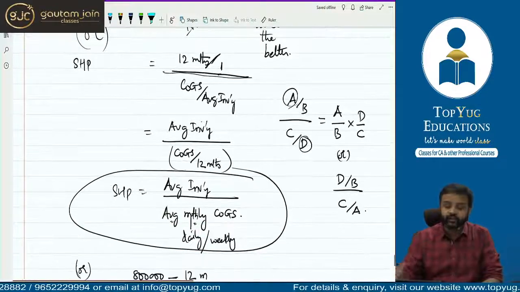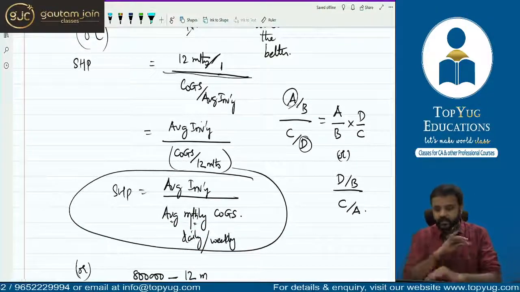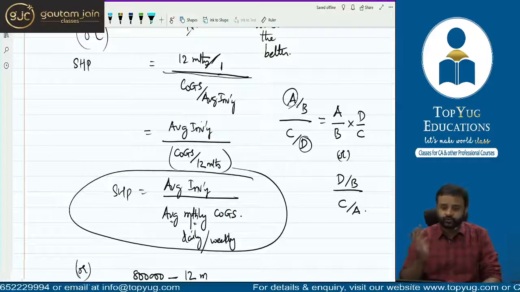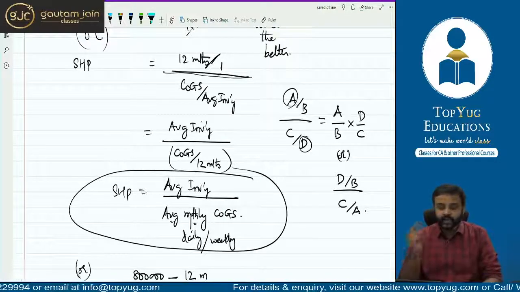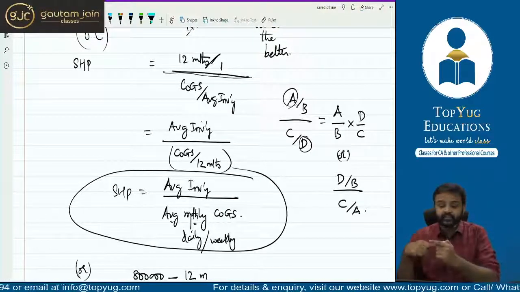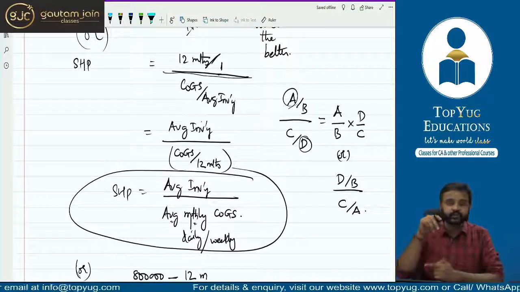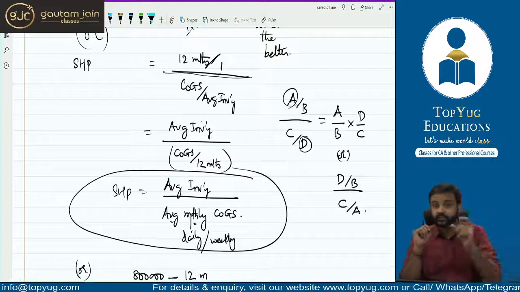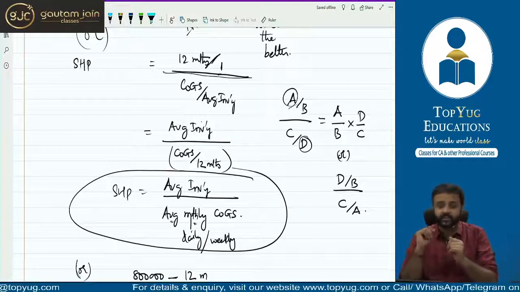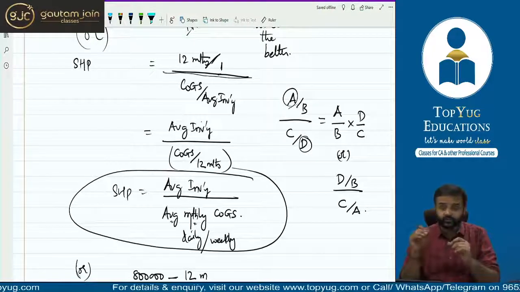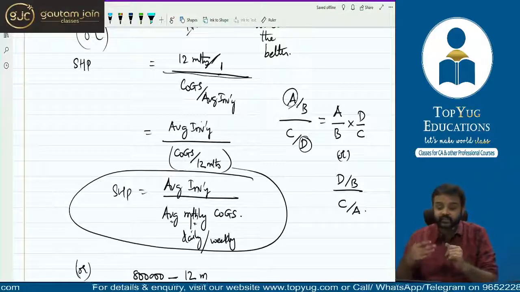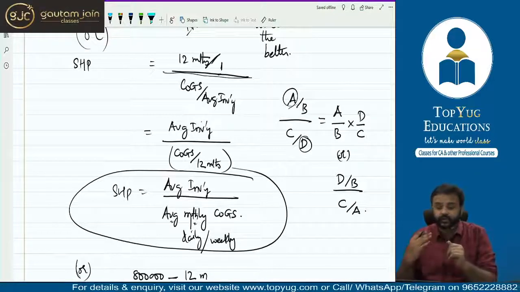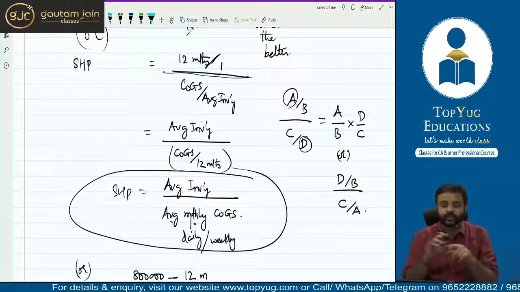So the way I have written here is 12 months upon 1 divided by cost of goods sold by average inventory. Then I have interchanged that average inventory with 12 months. As you could see, average inventory has gone in the numerator, so average inventory upon 1, which is average inventory. In the denominator, cost of goods sold by 12 months. That means average daily cost of goods sold or monthly cost of goods sold, right? 12 months, so monthly I have to say.